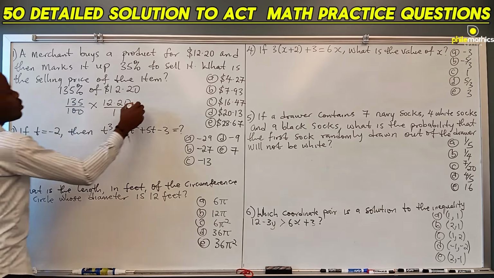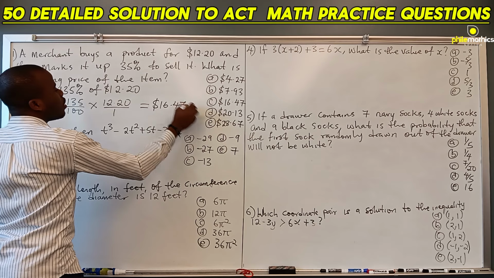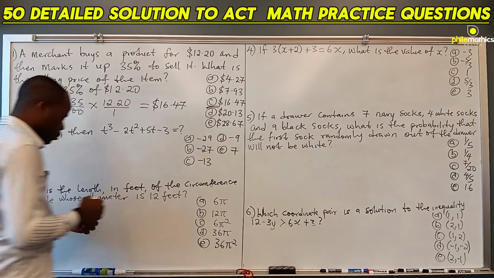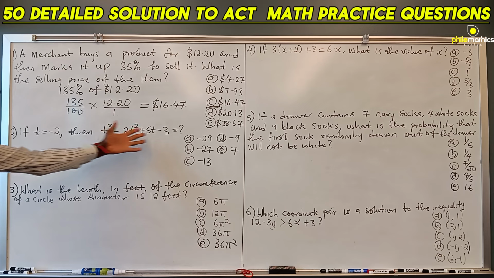If we multiply this, we'll have $16.47, which is C.